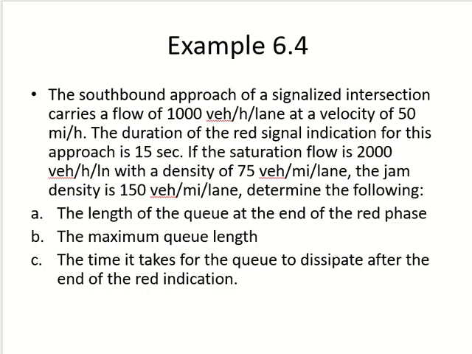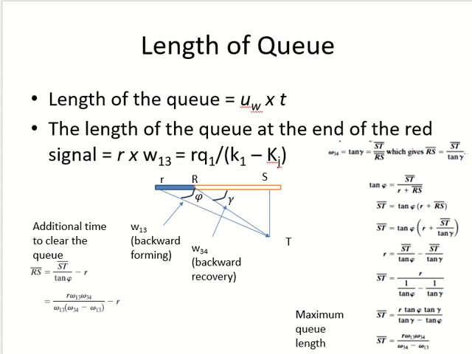For the first thing, the length of the queue at the end of the red phase. Now, Q1 was the flow before the shock wave, right? Here the shock wave is because of what?